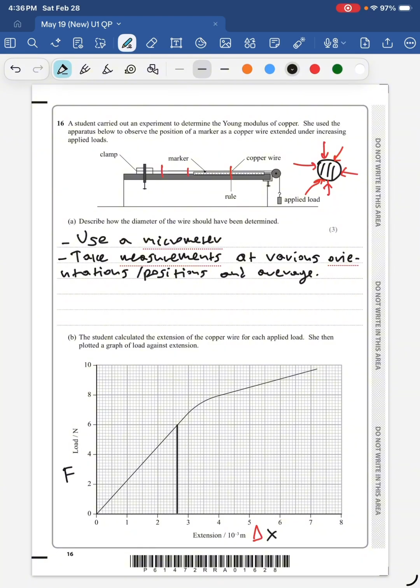So the gradient is 6 newtons over 2.6, maybe 2.7 times 10 to the negative 3.